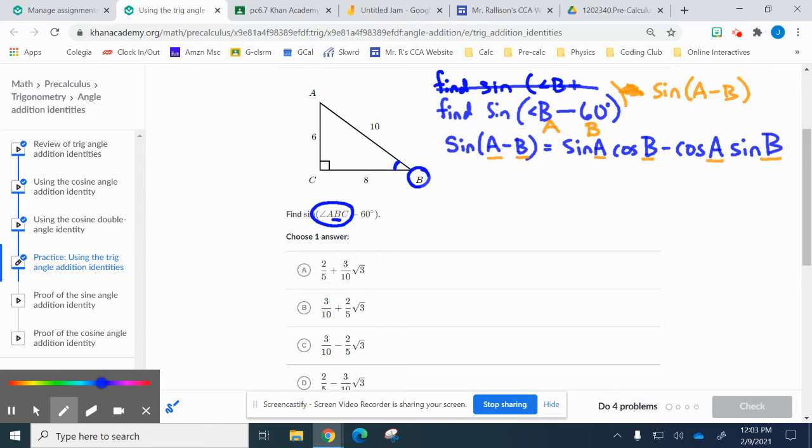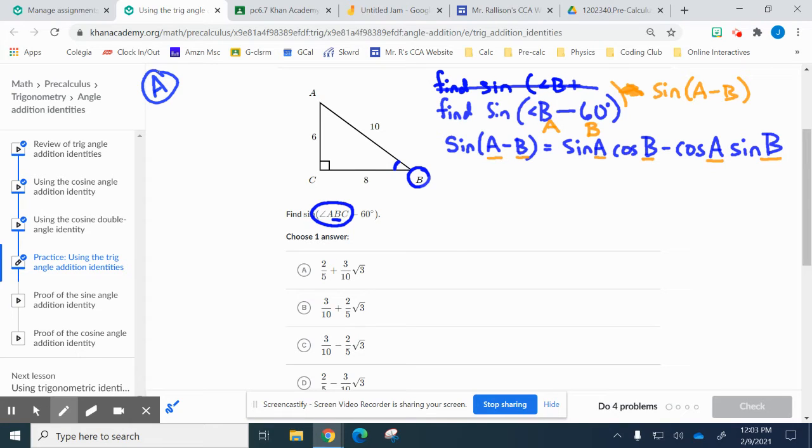So basically we need to find the sine and the cosine of A, and the sine and the cosine of B. Our A angle is actually angle B in the triangle.